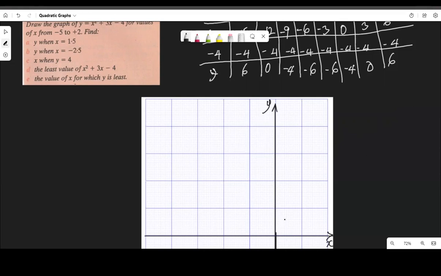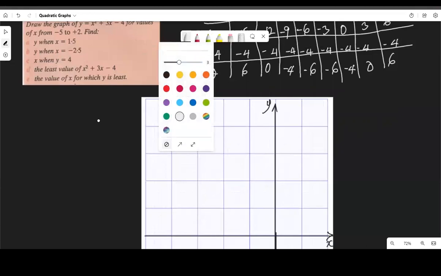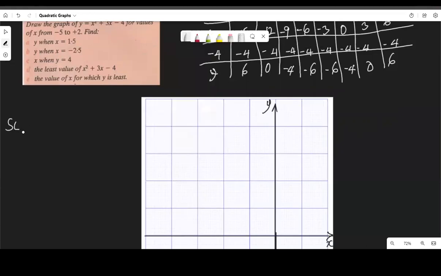However, it will work along the x-axis. So on the x-axis, I'm going to use a scale of 2 centimeters to 1 unit. But on the y-axis, I will use 2 centimeters to 2 units, meaning 1 centimeter to 1 unit in this case.